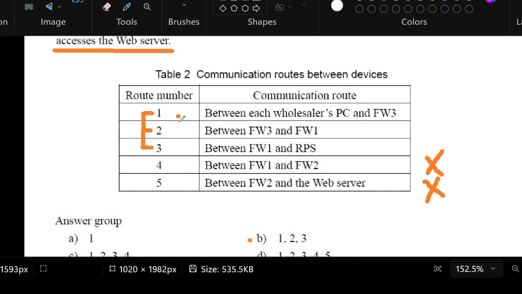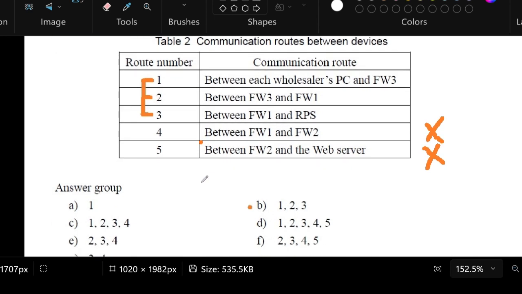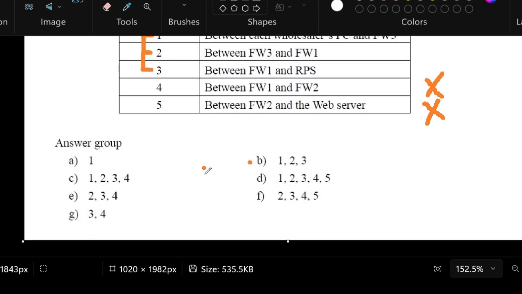So in the end, we only have 1, 2, and 3, these routes that have the HTTPS protection. And if you look at the answer group, that particular set of routes is here, letter B. That's why letter B is the correct answer.